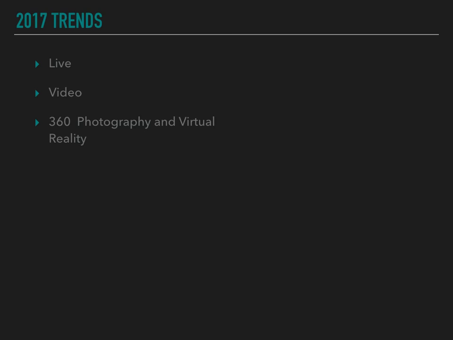The last one is 360 photography and virtual and augmented reality. We're seeing this more and more, especially on Facebook. They've introduced their 360 video and their 360 photography, and there are widgets and apps that you can install already to have that available to your customers.